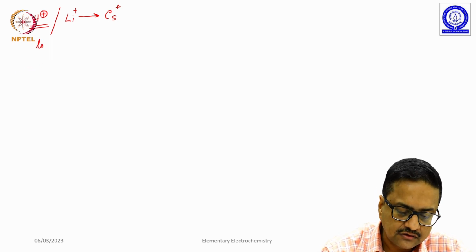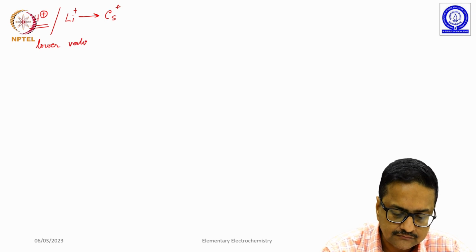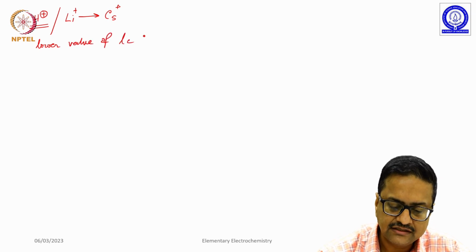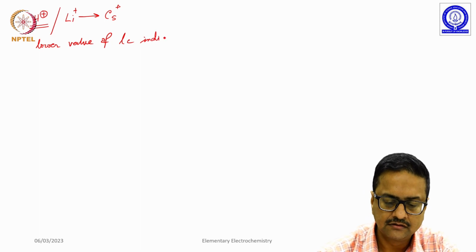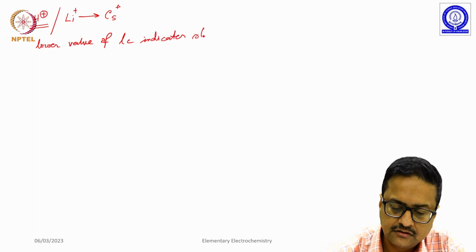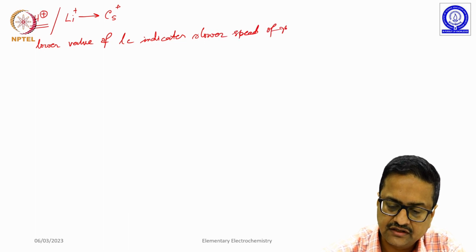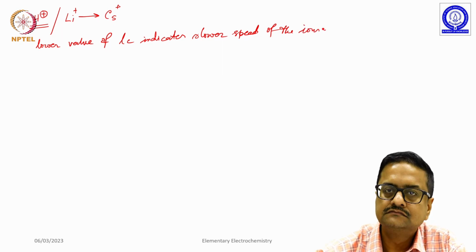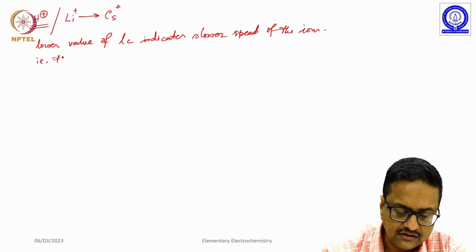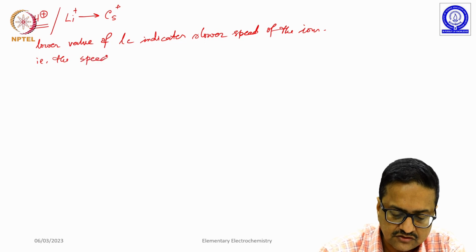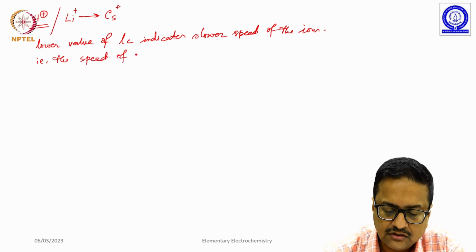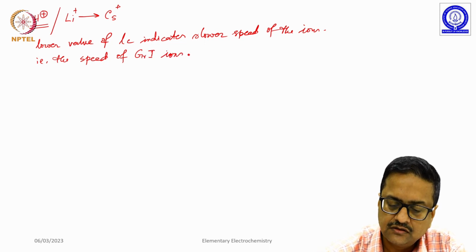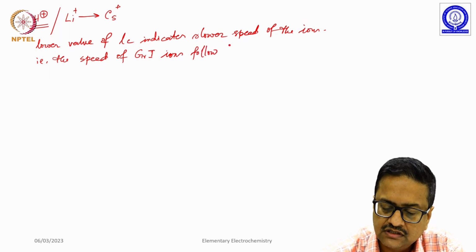Now, this lower value of Lc indicates slower speed of the ions. That means the speed of group 1 ions follows this trend.